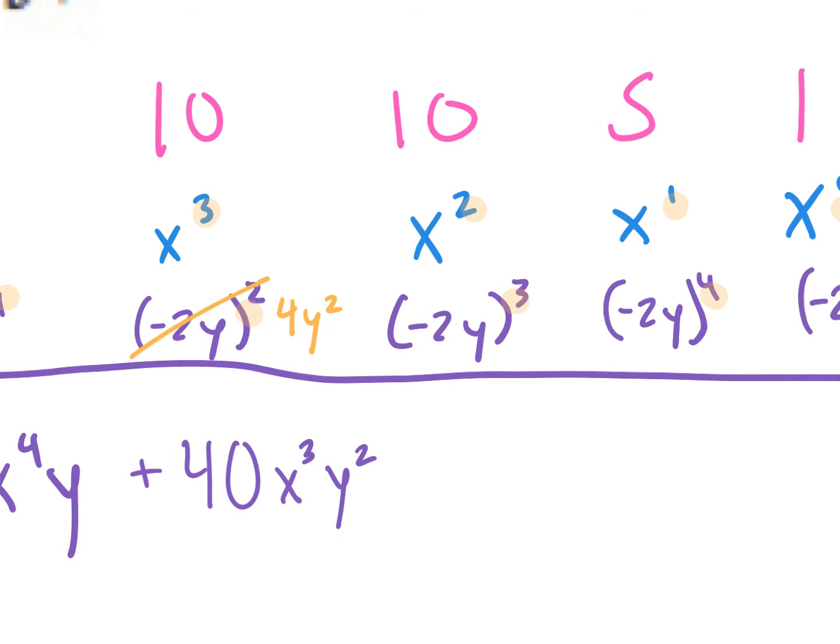So then the next one, here I have negative 2y cubed. So it's negative 2 cubed. Negative 8, so this is negative 8y to the third power. So the coefficients that I'm multiplying here are just 10 and negative 8, so what would that give me? Negative 80, and then my variables are x squared, y cubed.